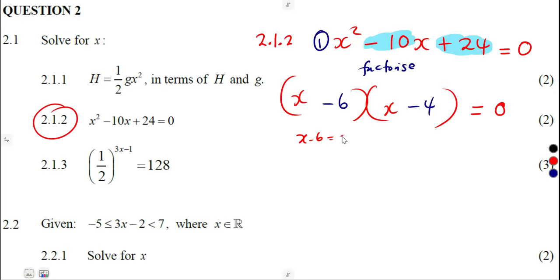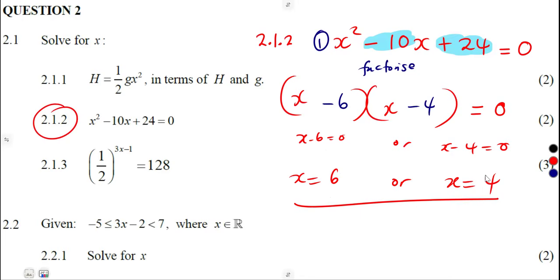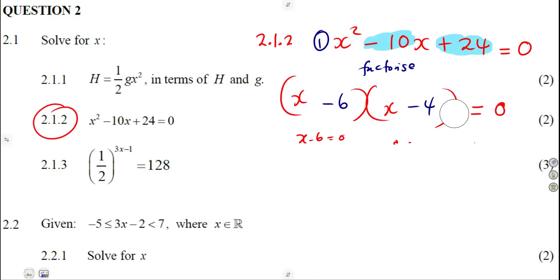Either x minus 6 is equal to 0 or x minus 4 is equal to 0. So what is the value of x? The minus 6 to the other side is going to be positive. The minus 4 to the other side is also going to be positive. So x is equal to 6 or 4. Just like that.